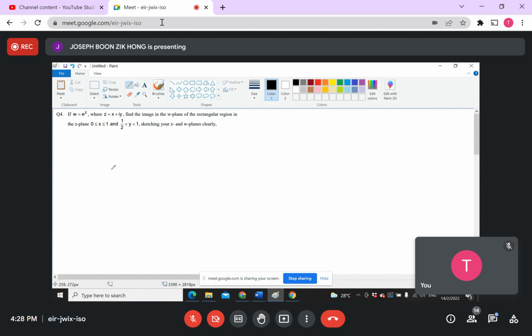Okay, so now we'll try to sketch z equal to x plus iy first. What will be your z plane? Because your x is between 0 and 1, y is between a half and 1, so half to 1, let's say somewhere here.